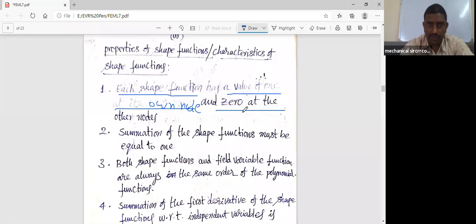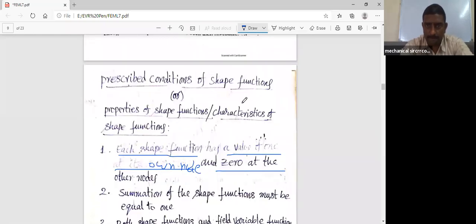For example, N1 at node 1 is equal to 1. At node 2, the N1 value is 0.